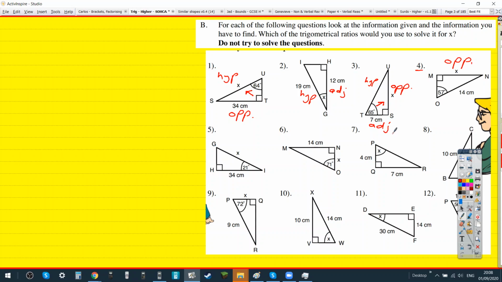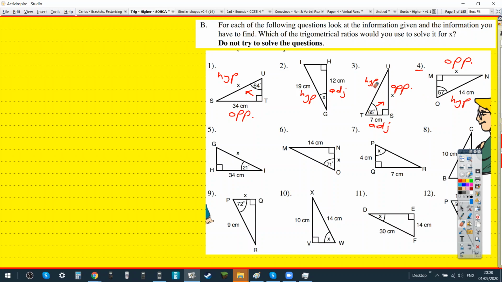The adjacent would be M and O. Yep, but we don't need to worry about that one. Okay. So, O and N is the hypotenuse. Yeah, so that's 14, so that's like one of the ones we either know or we want.